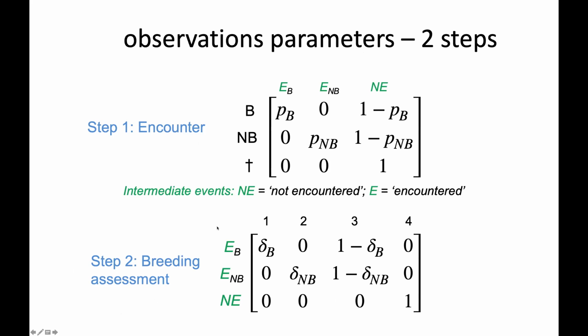So it's useful to split that in two, to say the first process in the observation matrix is the encounter. So you have the states: you are encountered as a breeder individual, you are encountered as a non-breeder individual, or you're not encountered. So here in this matrix, we have only the detection probabilities, okay?